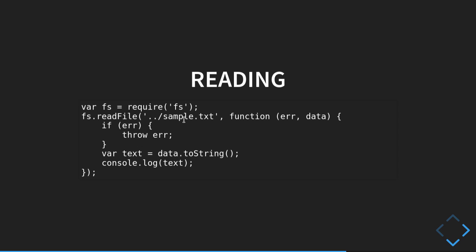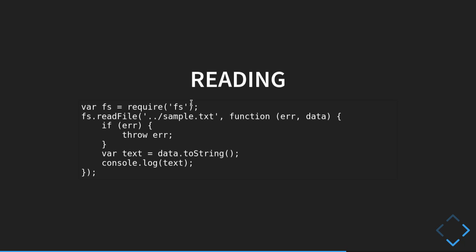So when we want to read something, we can basically import the file module. We do that by saying variable fs is require fs. Because this already comes with Node itself, we don't have to install it manually in this case, but we can instantly require it.